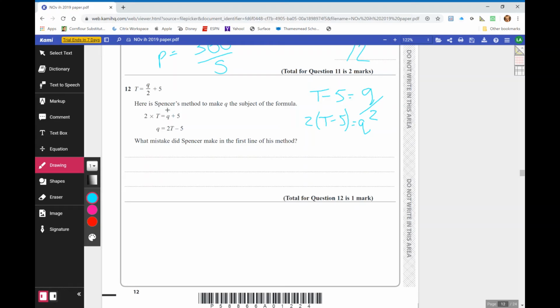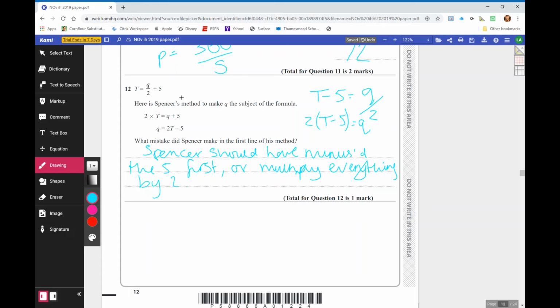So you have to put something along the lines of Spencer should have minused the 5 first, or you could have multiplied everything by 2, and that will clear that division, but you have to times this 5 by 2 as well, so the 5 should have been 10, and if you'd done that it still would have worked.